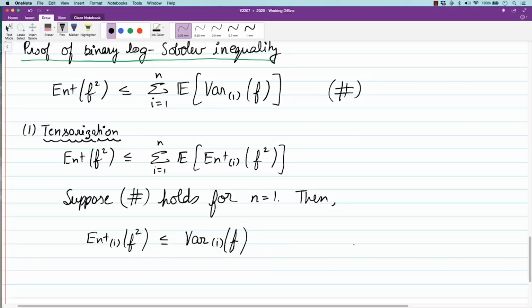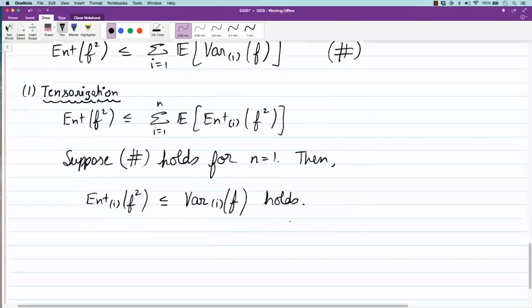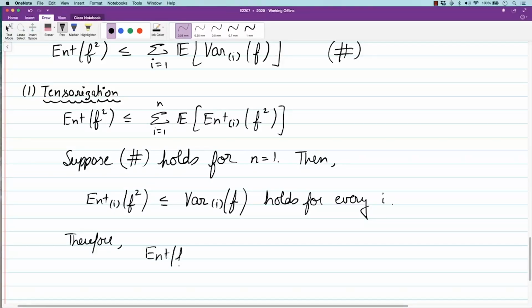Okay, so then this holds for every i. Therefore we get what we need: the entropy of f square is less than or equal to the summation i equal to 1 to n of the expected variance i.